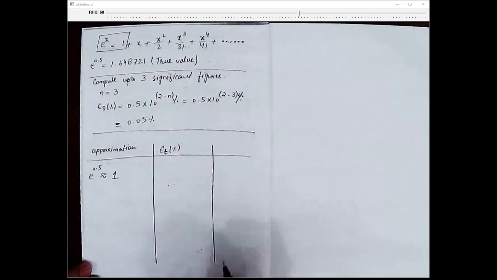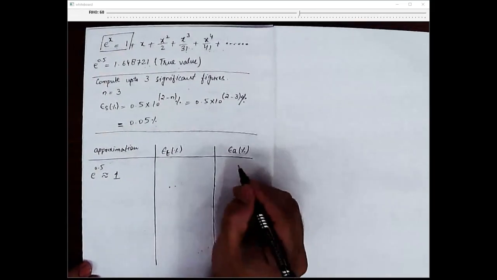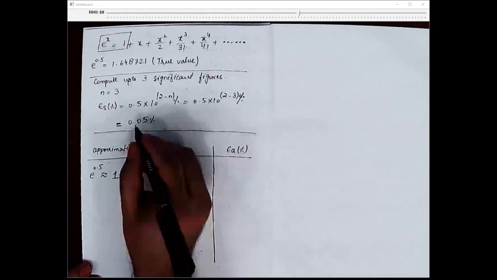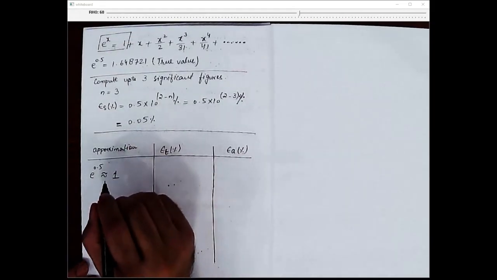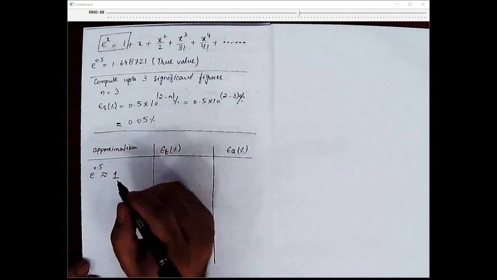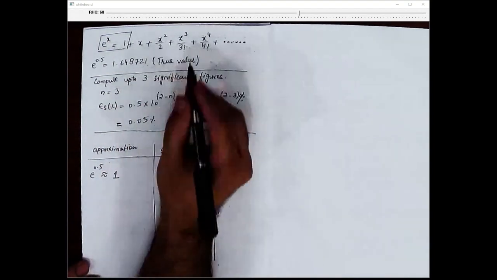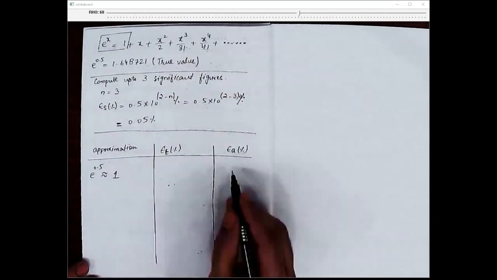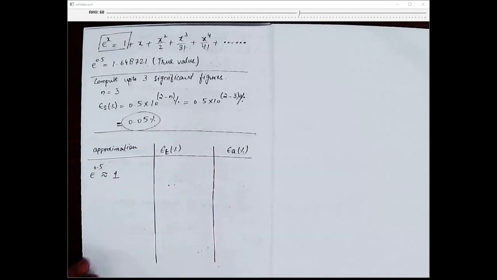And I also want to compute EA. Maybe I come to know that EA is already less than 0.05, so why waste my calculations? That's why I call it the laziest approach. We will go term by term, and then we compute the ET and we compute the EA. The moment EA is less than this threshold, we will stop.